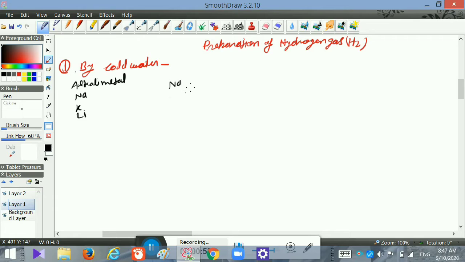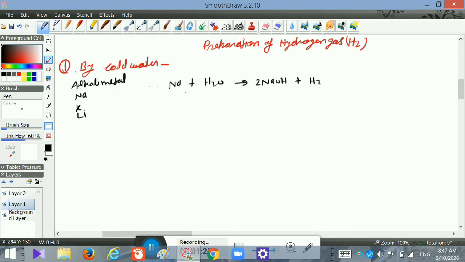When they react with cold water, they form hydroxide and hydrogen gas. This is the general reaction to form hydrogen gas. You can balance it also.